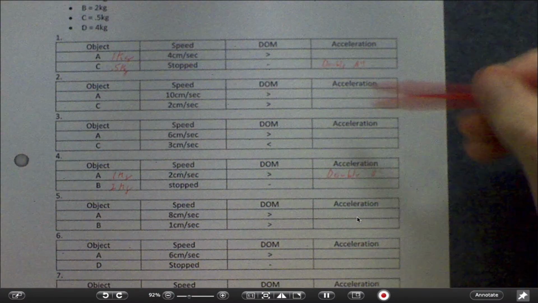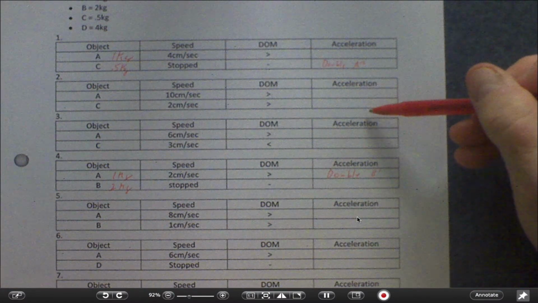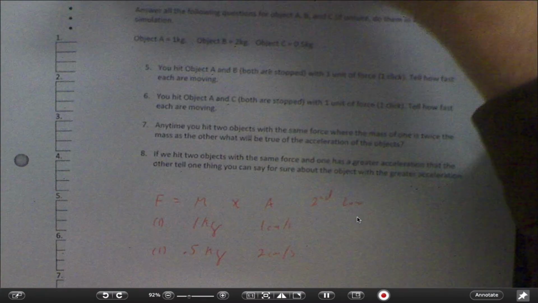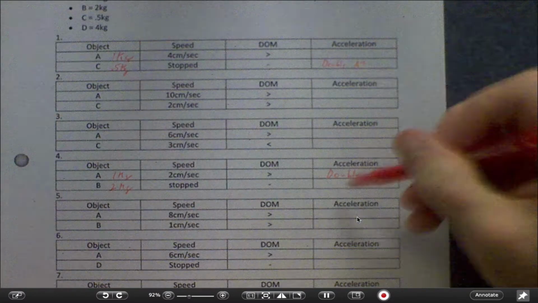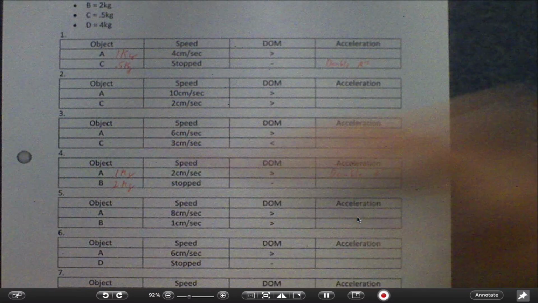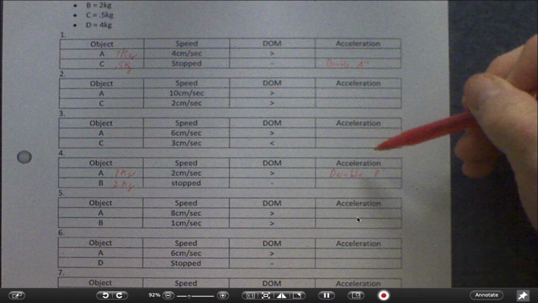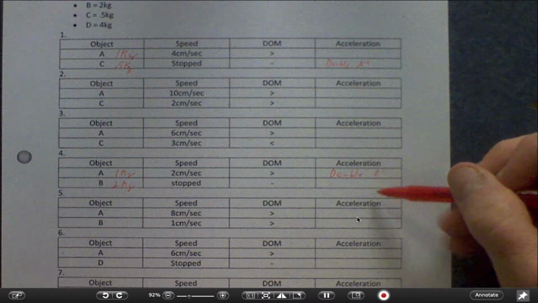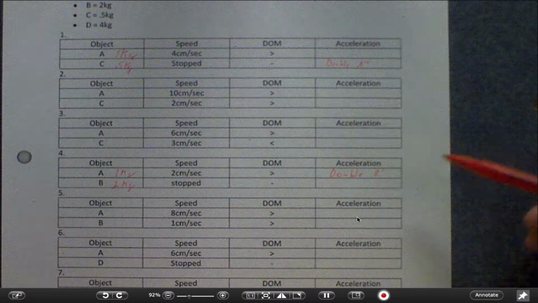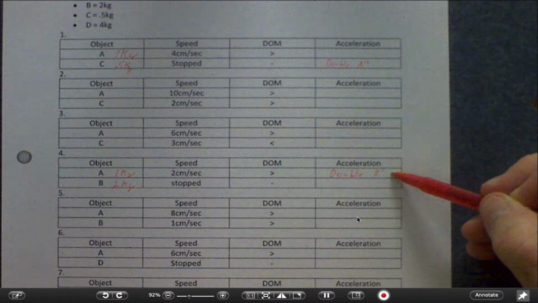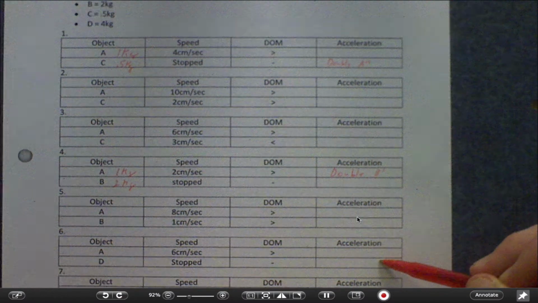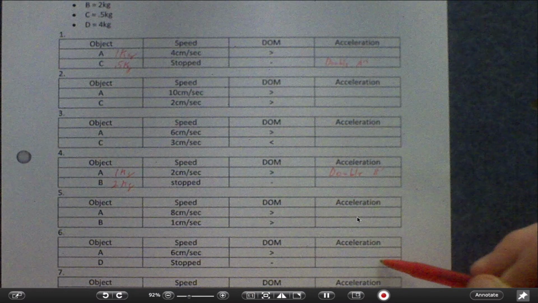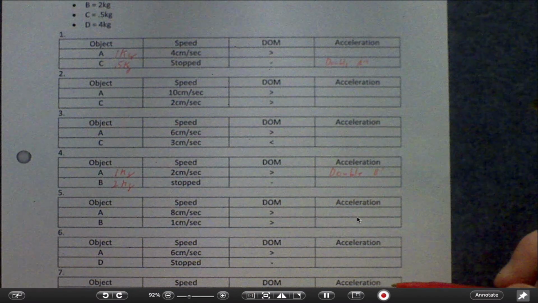The next one had double the acceleration again, just like what we just saw, and so on all the way down. So the one that was half the mass on every one of these crashes had double the acceleration. The same thing happened down here. Here A has half the mass of B, so A got double the acceleration. Down here D had 4 times the mass of A, so we had 4 times the acceleration.